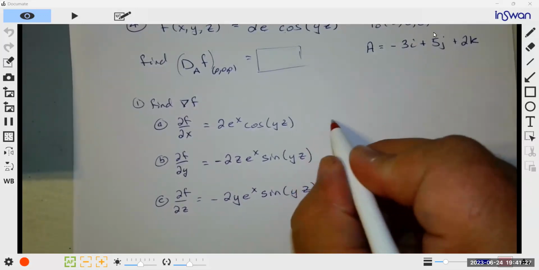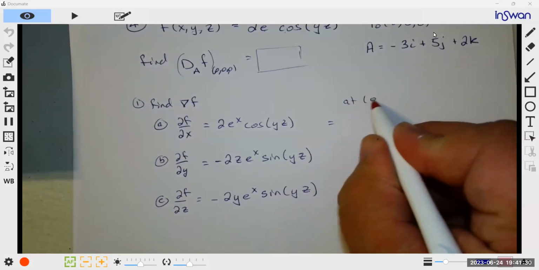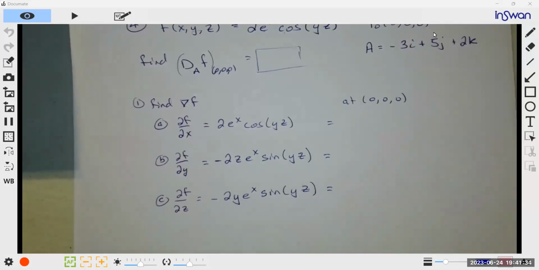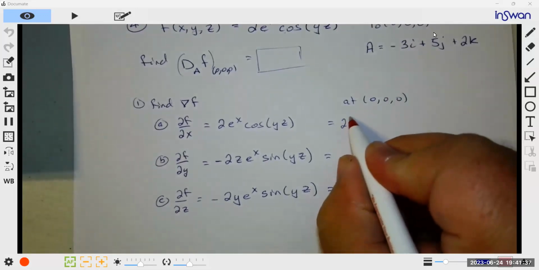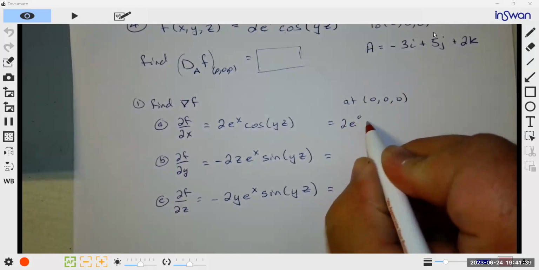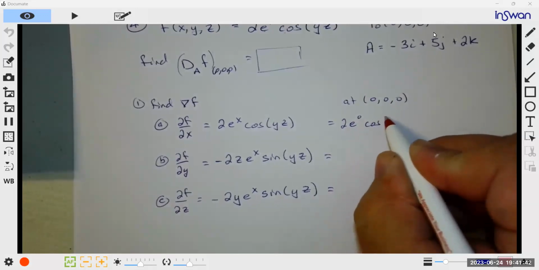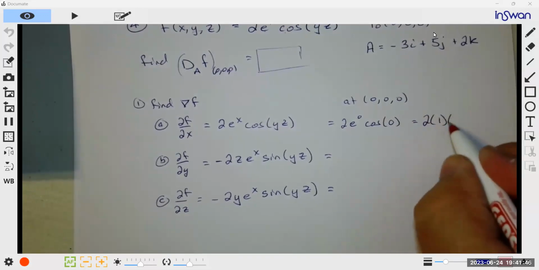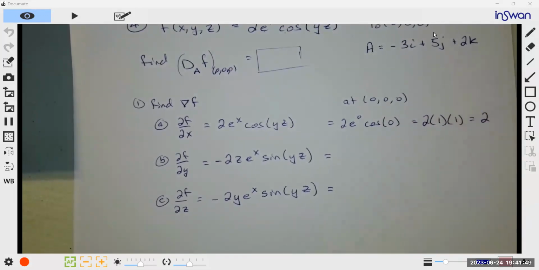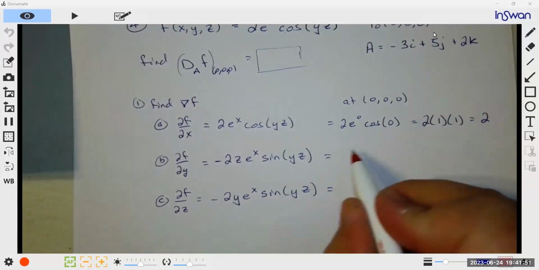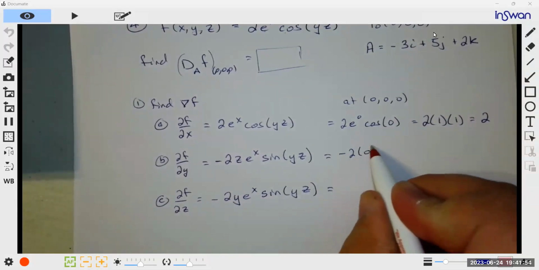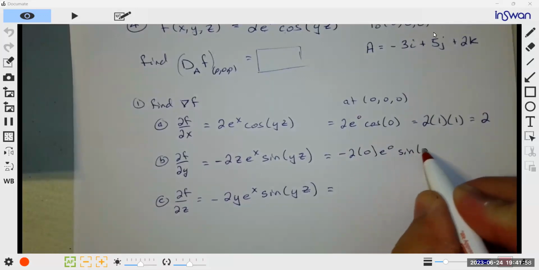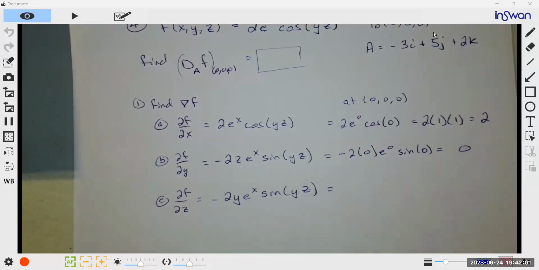Now, at 0, 0, 0, we get 2e to the 0 cosine of 0. 2 times 1 is 2. Negative 2 times 0 e to the 0 sine of 0 is 0.